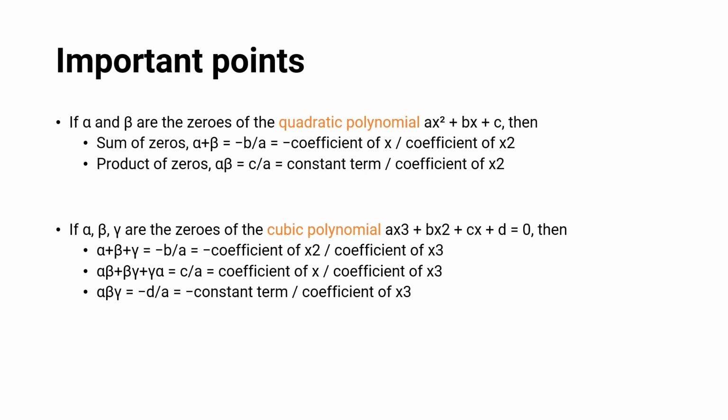Alpha beta plus beta gamma plus gamma alpha is equal to c divided by a, which is equal to coefficient of x divided by coefficient of x cube. Alpha beta gamma is equal to minus d divided by a, which is equal to minus constant term divided by coefficient of x cube.